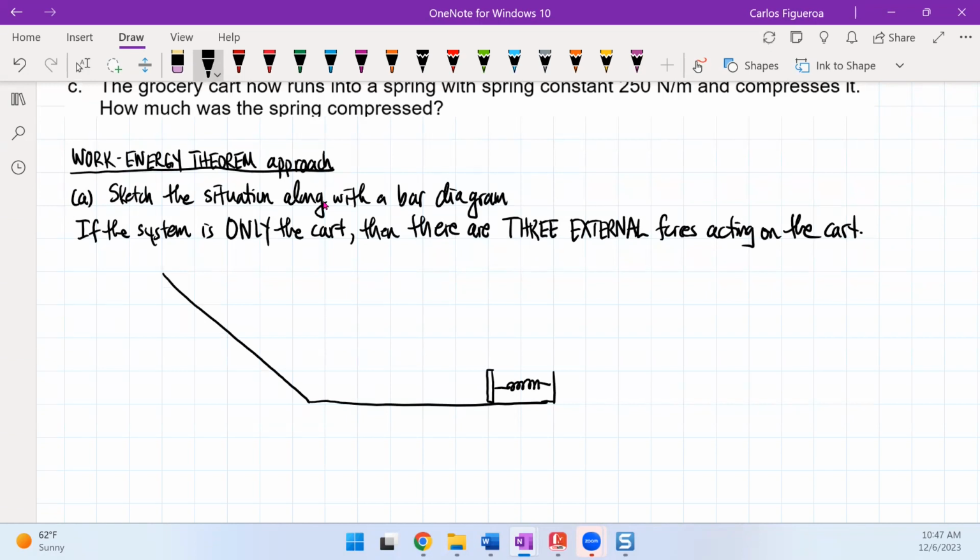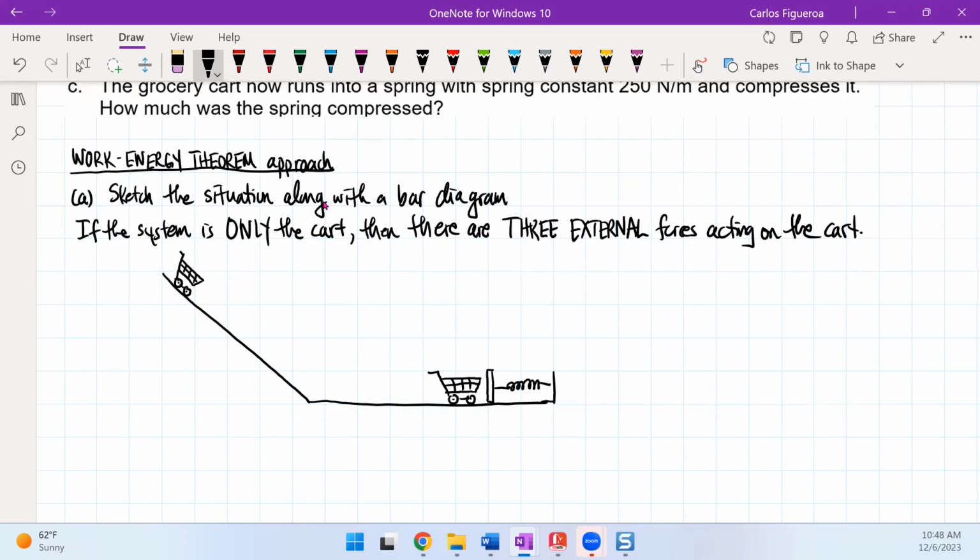So if I'm looking at my cart, and then I have another cart right here, that's going to run into the spring and compress it here.